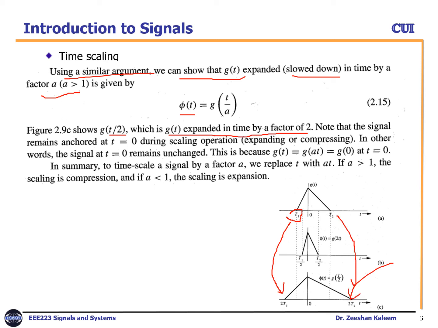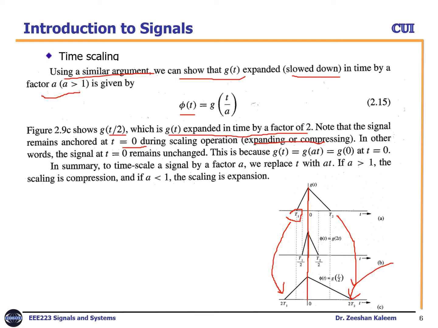So when there is a division, you must remember for ease that there is expansion, and when there is a multiplication, there will be a compression. Note that the signal remains anchored at t equals 0 during the scaling operation, meaning expanding or compression. That point is always the same, it is fixed, because this is at time equal to 0.